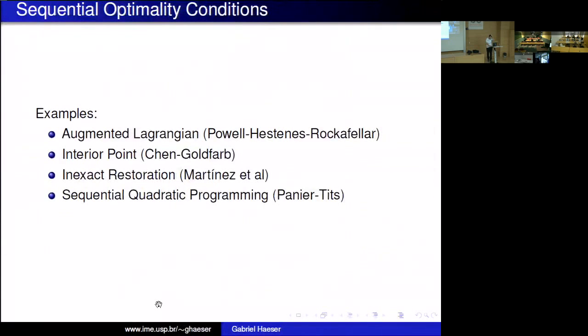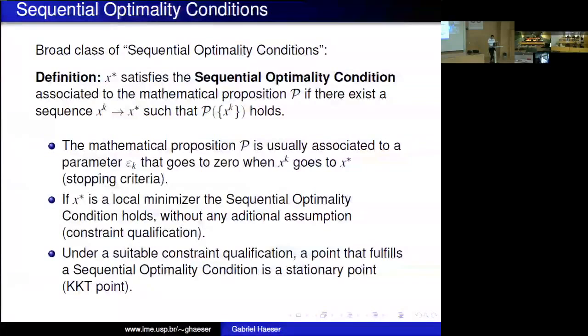These are some examples that we have. But I want to mention a broader class of sequential optimality conditions. I did my PhD studying these conditions. We say that point x star satisfies a sequential optimality condition, associated to a mathematical proposition P, if you are able to find a sequence xk convergent to x star with some property.